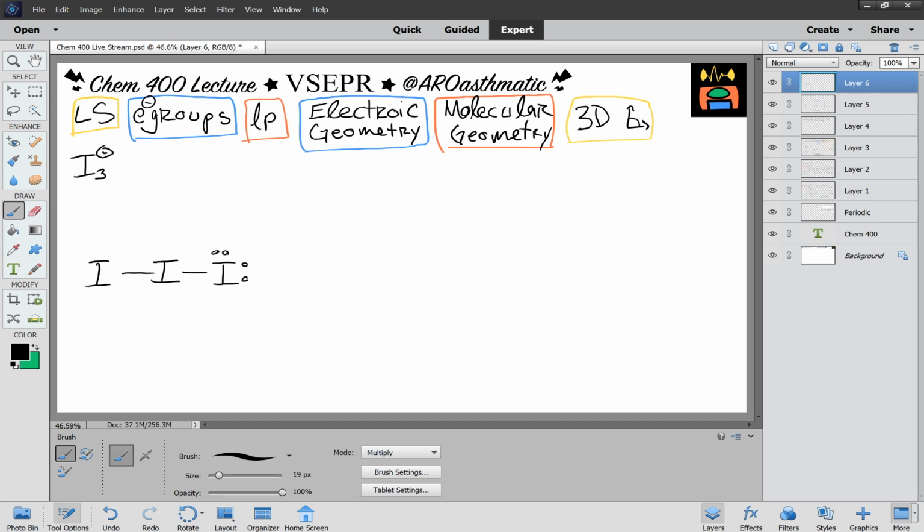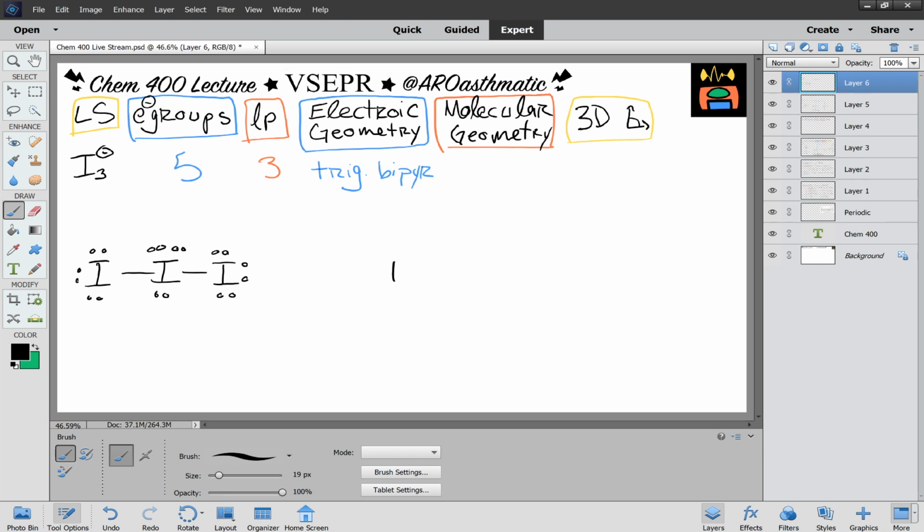Each iodine in this molecule will have 3 lone pairs. So our central atom has 2 atoms attached and 3 lone pairs, so that is 5 electron groups. Whenever you have 5 electron groups, your electronic geometry is a trigonal bipyramid.